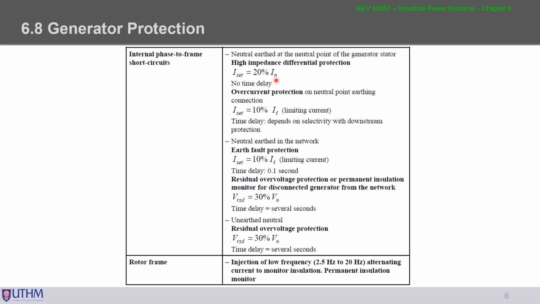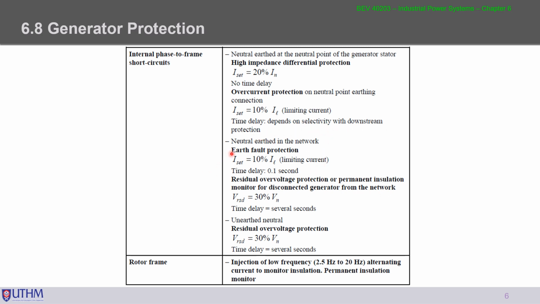The setting is 20% more than I nominal. For overcurrent protection on the neutral point earthing connection, the setting is 10% of IL, where IL represents the limiting current. The time delay depends on the selectivity with downstream protection.